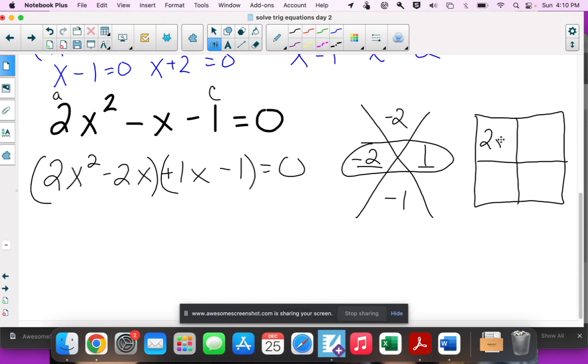Okay, so 2x squared minus 2x plus 1x minus 1. If you do the grouping method, again, you're taking out the GCF. What does 2x squared and -2x have in common? They both have a 2x. What you're going to multiply reverse distributing by to get back to the original would be an x minus a 1. Please be very careful. That is the piece that most people leave off.